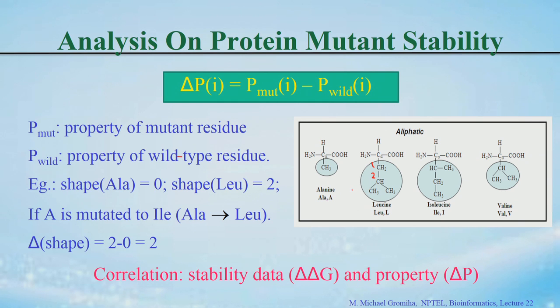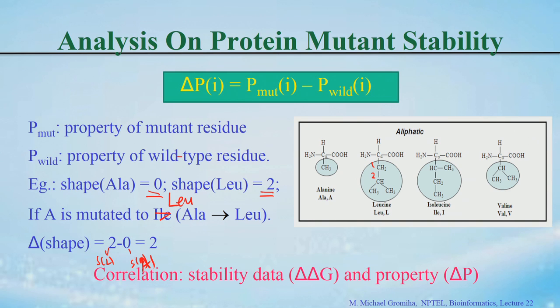So, in this case shape of leucine equal to 2, shape of alanine equal to 0. If alanine is mutated to leucine, then delta shape equal to shape of leucine, 2, minus shape of alanine, 0, that is equal to 2. This is the shape of leucine, this is the shape of alanine.